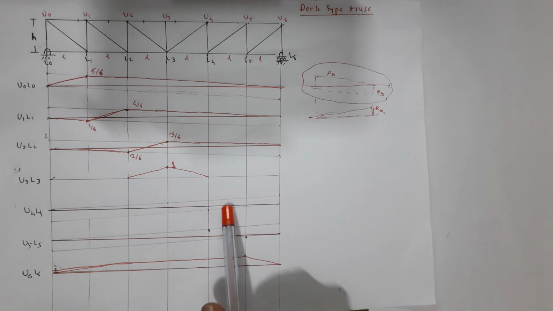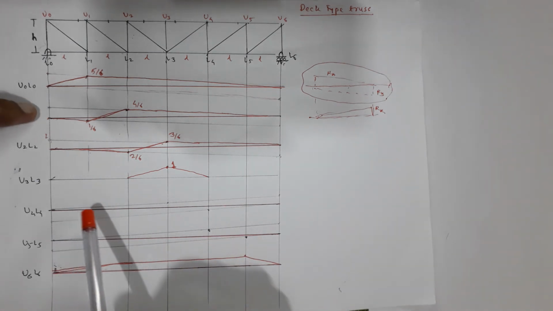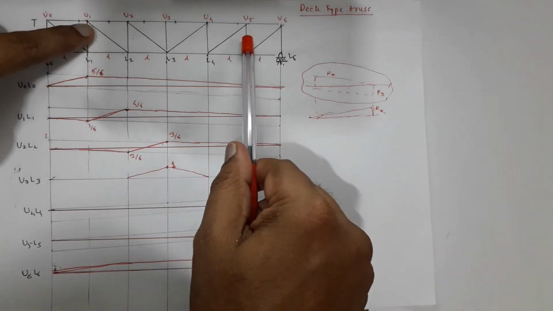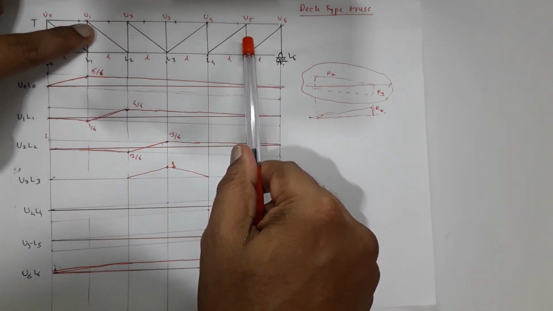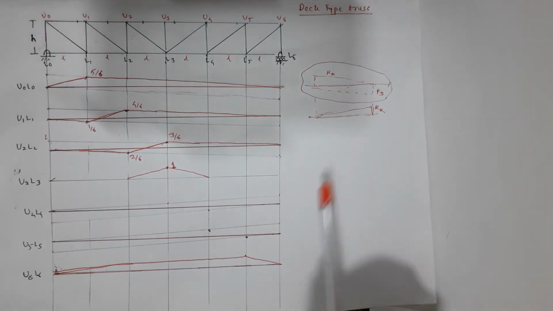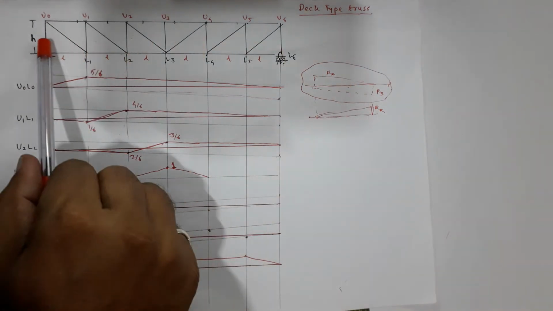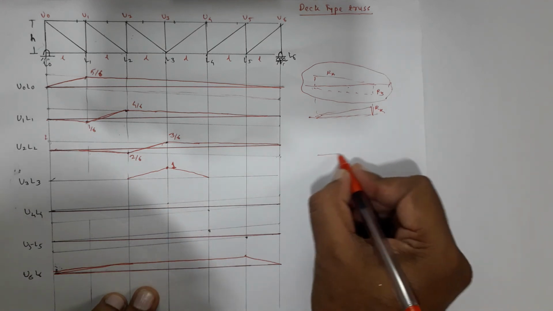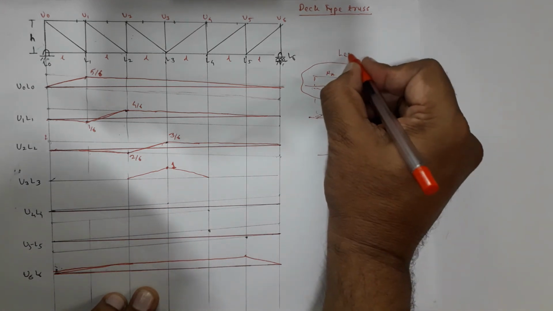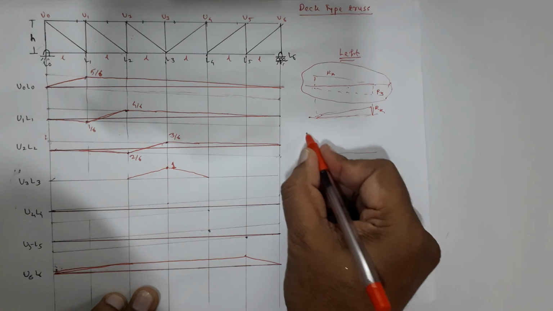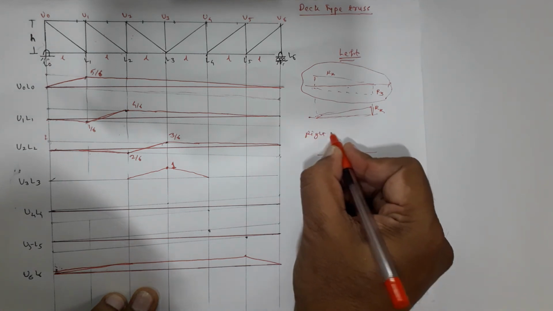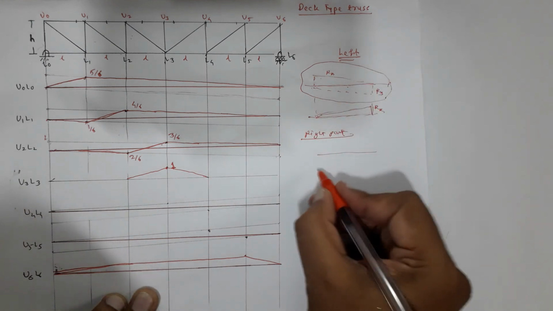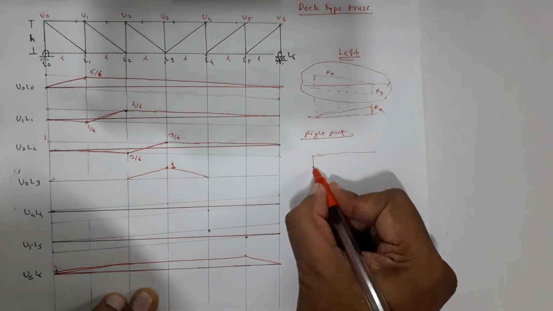Whereas these two members, U1 L1 and U5 L5, are going to have the same ILD, but see the difference. For the left part, for all vertical members, we have drawn the lines like this. But now for the right part, draw the ILD for RA on the opposite side. So mark 1 over here.